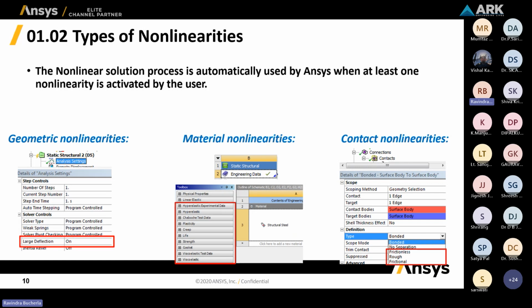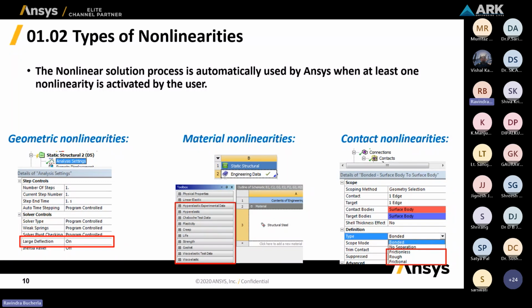And similarly, we will be having five types of contacts whenever we have any assembly where two bodies are sharing the contact. Out of these five, two contacts will be considered as linear contacts, and three contacts will be considered as nonlinear contacts. If we are using bonded contacts, meaning two surfaces are completely tied or fixed, that is a linear contact. And no separation means the point of contact between the two surfaces may change, but these two surfaces will not separate.